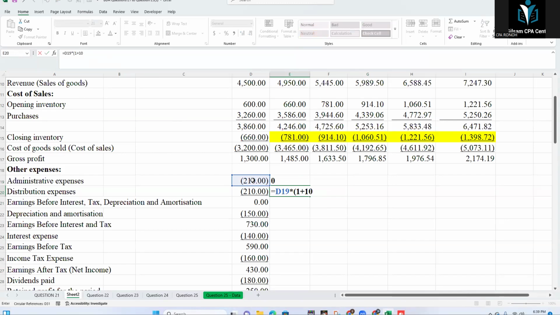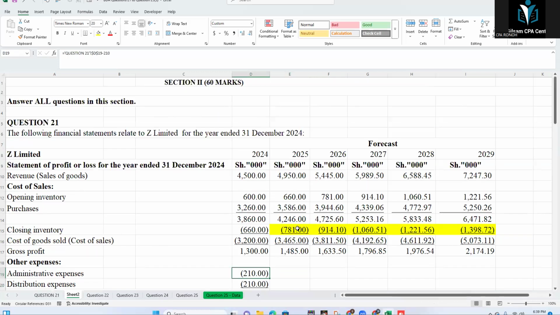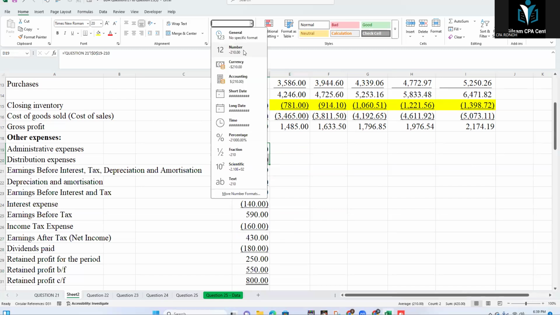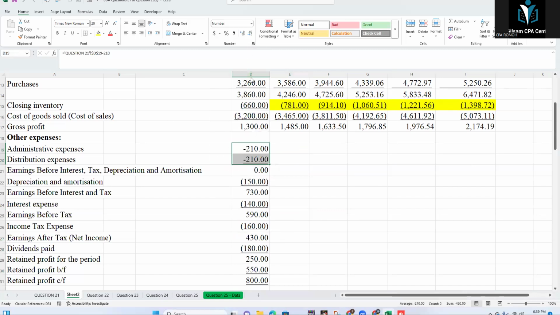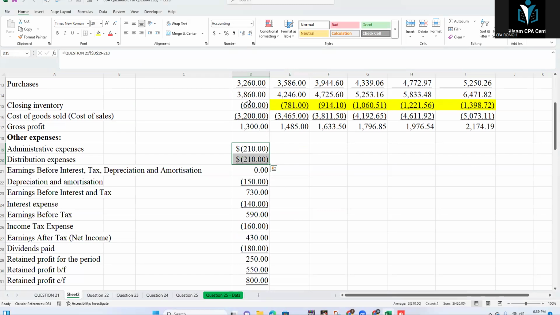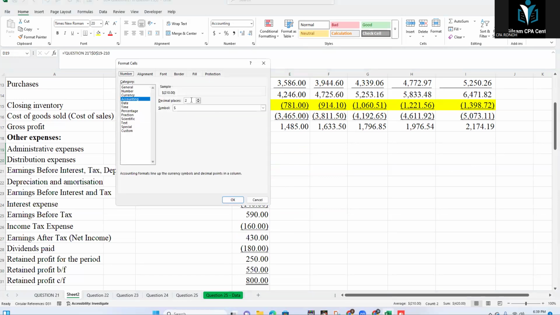Or even you can just say plus 10%. There is no need, so long as you indicate the percentage. I think I'm getting 0. This is not the number, so let's change this to number, and then change it to accounting. Put non-currency.